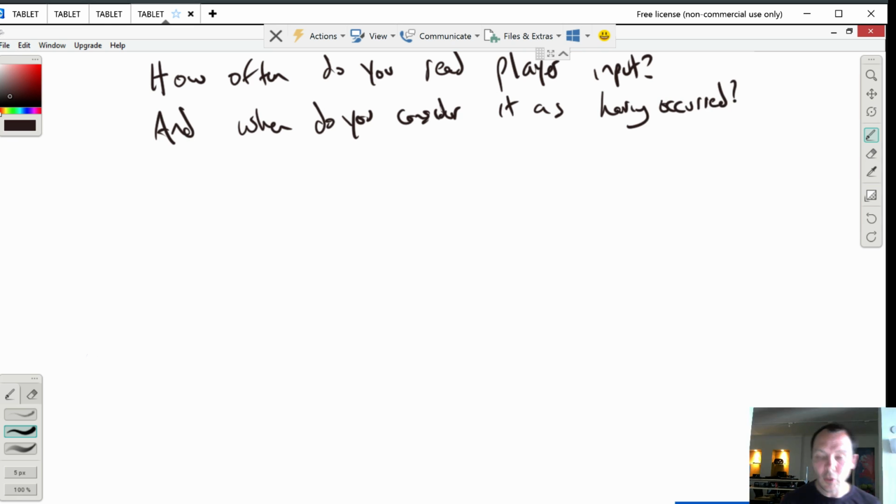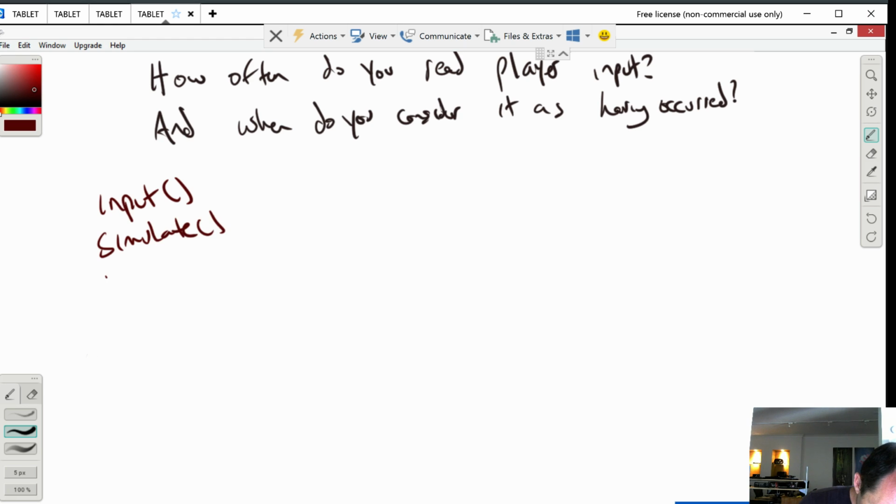I mean, the low effort thing to do is to use Windows input events or DirectInput or something, and you read button presses, and then in your simulate, right? Remember we were like input, simulate, render.